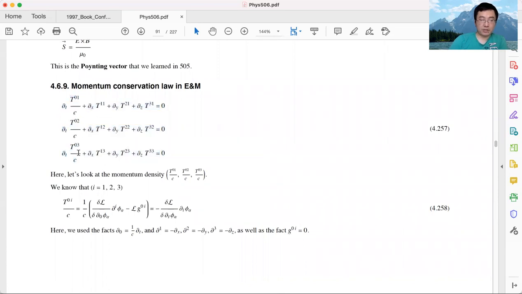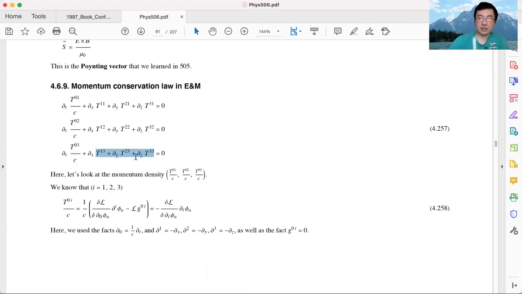This is the momentum density for x, this is the momentum density for y, this is the momentum density for z. So the momentum density is a vector with three components: T01, T02, and T03 divided by the speed of light. And the rest, T11, T21, and those terms, are the current density for momentum.